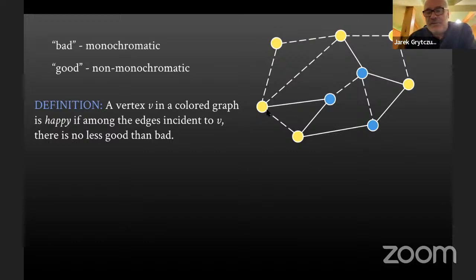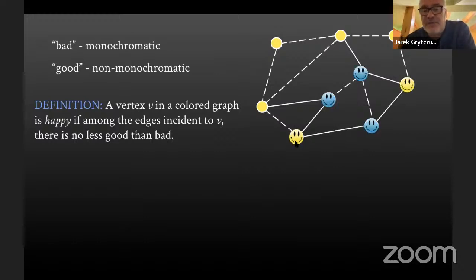So for instance, in this example, this vertex is, I guess, not happy because it has three bad edges and only one good edge. So 3 is more than 1, so it is not happy. But that vertex is happy because there are 2 good edges and only 1 bad edge incident to that vertex.